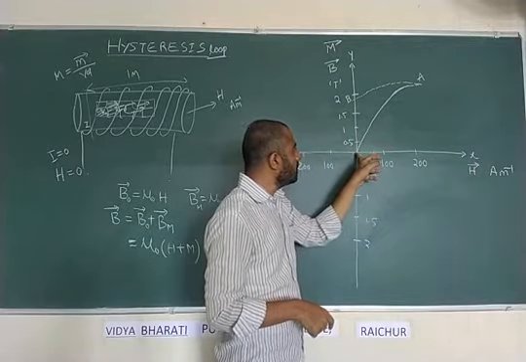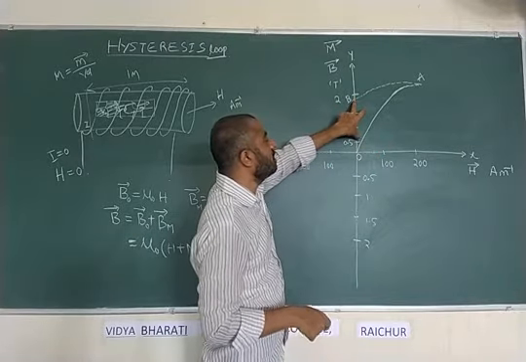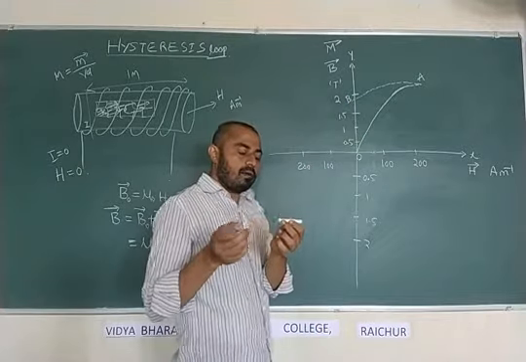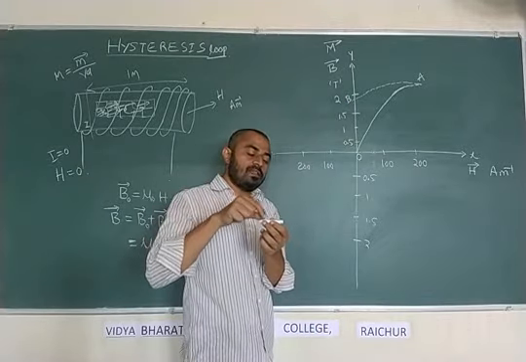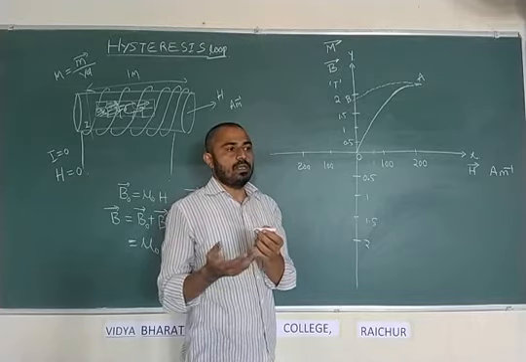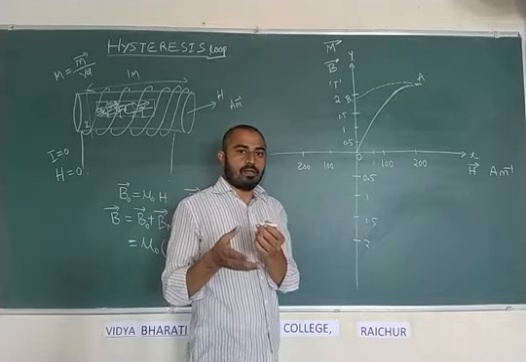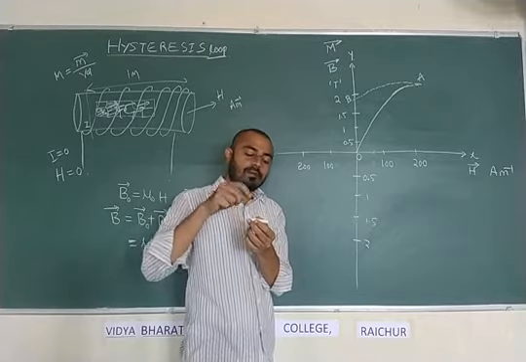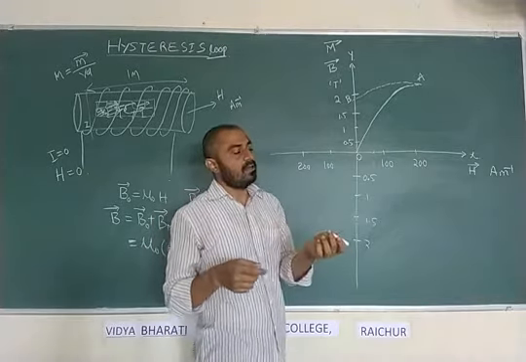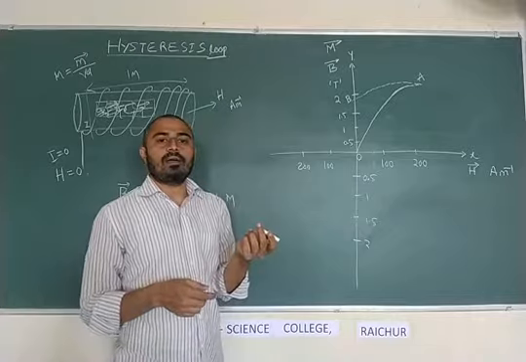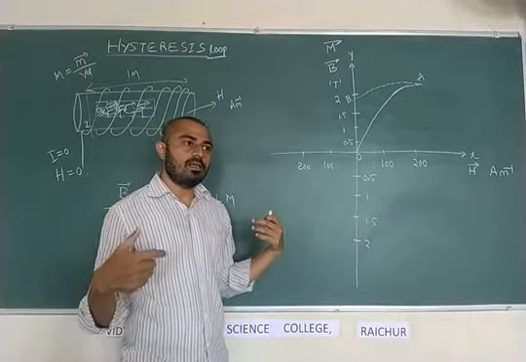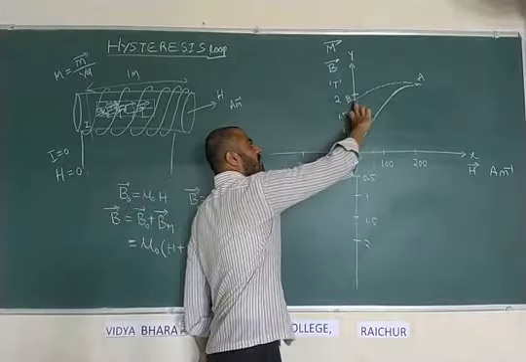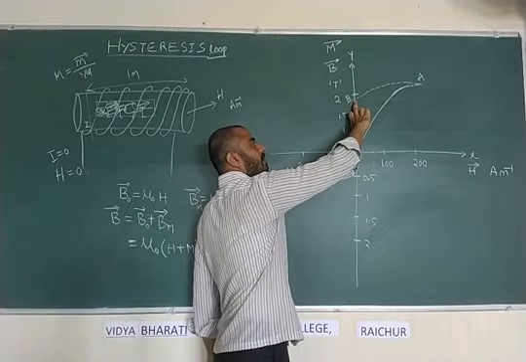It means even after removal of the magnetizing field, iron is going to retain some of its magnetism property. Even after removal of the external field, it behaves like a magnet by sustaining some amount of magnetic induction. This much magnetic induction is left in that material.